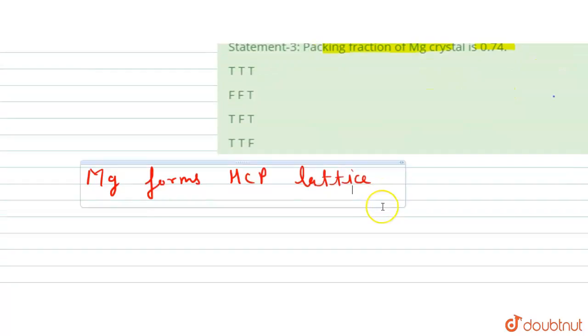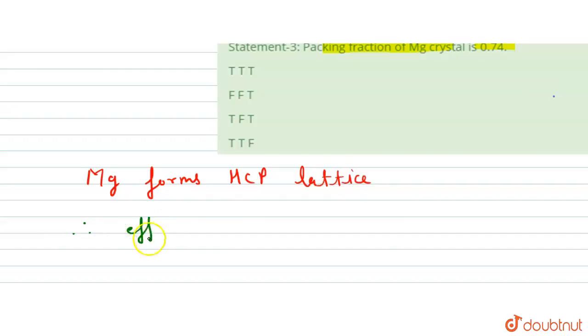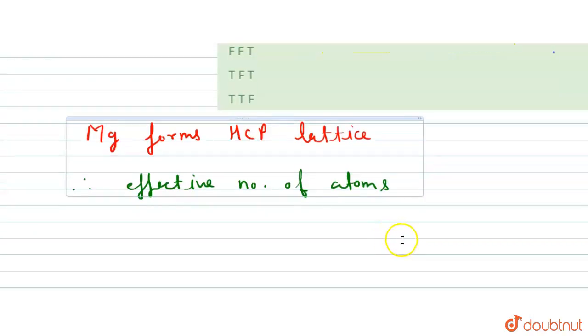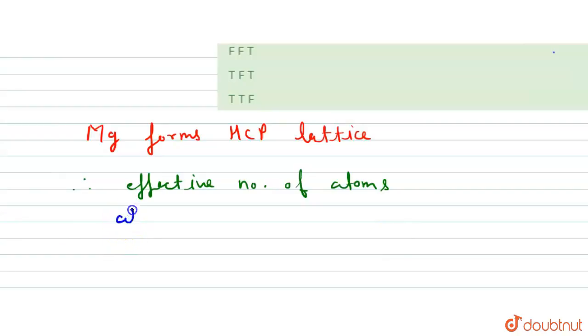Hence, as the Mg forms HCP lattice, therefore the effective number of atoms in this case, as we know that in HCP, there are total 12 atoms present at the corner, and contribution of each atom is 1/6.